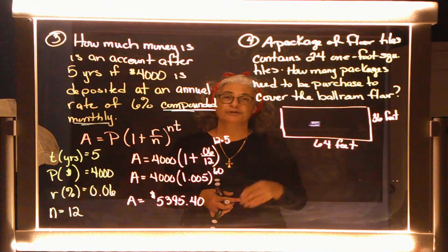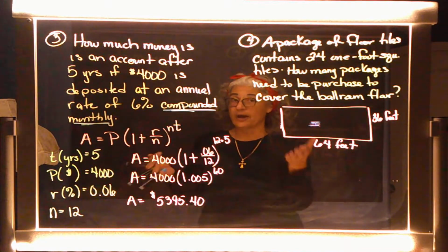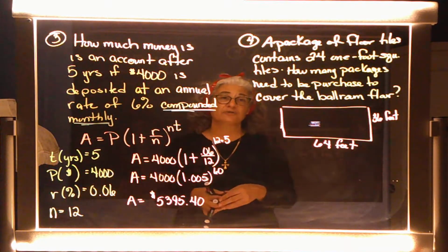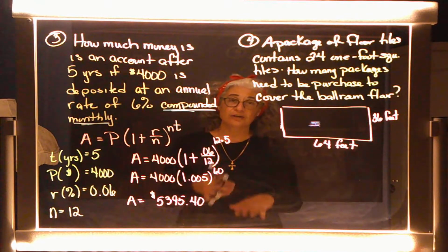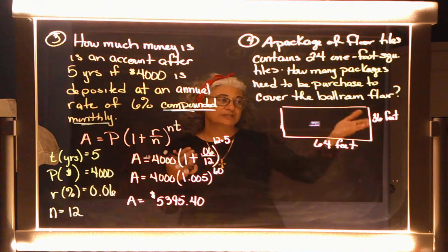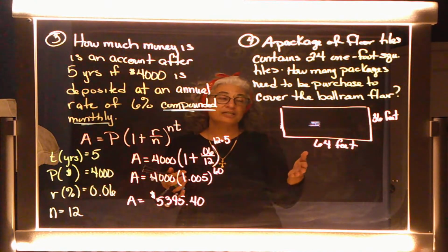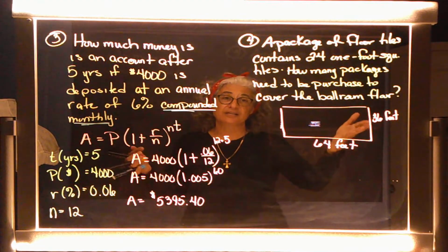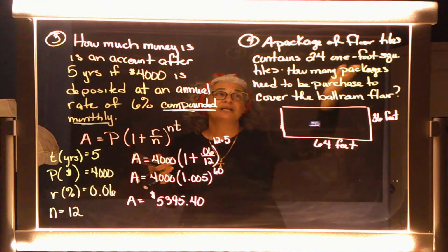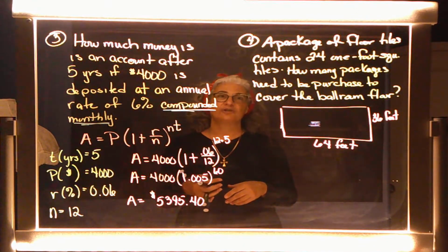You may not be covering a ballroom floor, but maybe if you have a house or when you get your own house, you want to retile the downstairs living room or something, and your downstairs living room is in the shape of a square like this one. You're going to need to know the what of your downstairs living room in order to determine how many packages of tiles you need. And some of you are like, I have no idea.